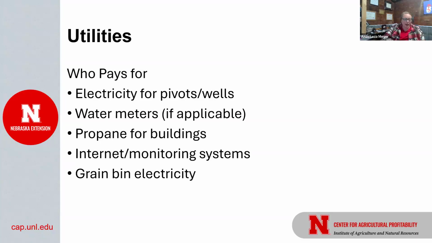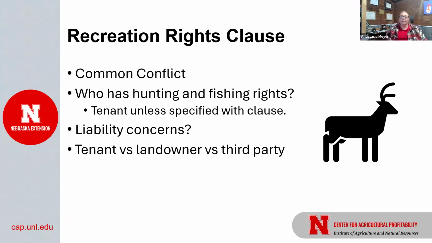If you have a piece of ground that is right next to your homestead, maybe there's some grain bins on there, I would highly suggest you take the additional cost to put up a meter so that they can just be billed separately from your own farmstead. Yes, it's an additional cost, but I do think it is beneficial for keeping that tenant-landowner relationship out from your own personal expenses, right?